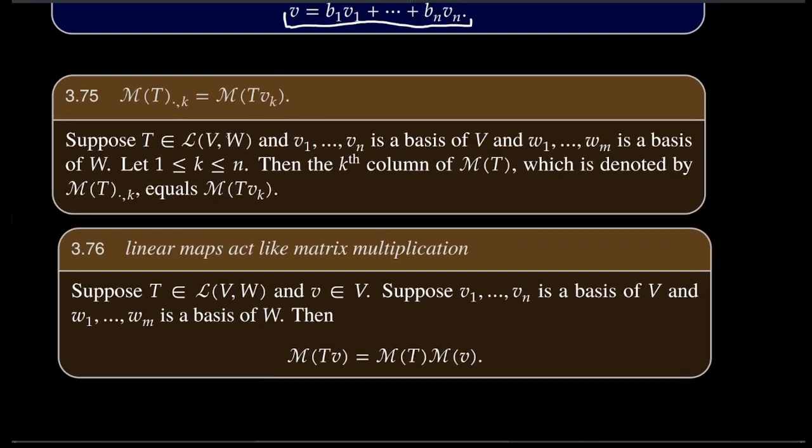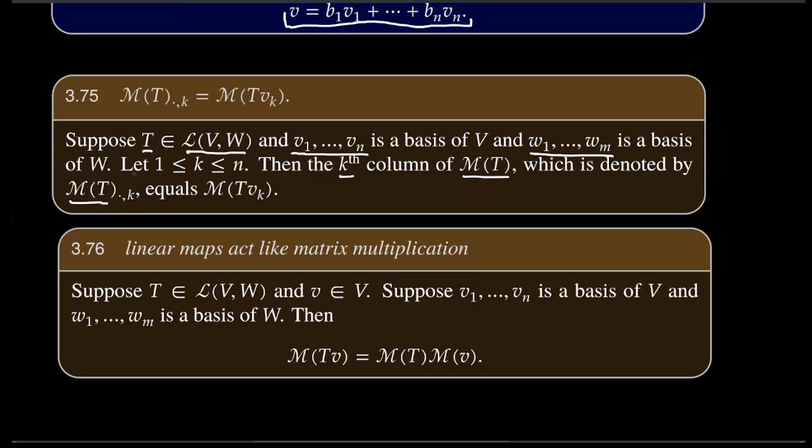The first one is so straightforward that I will not prove it. It says that, hey, suppose you've got T, a linear map from V to W. Suppose that v_1 through v_n is a basis of V, and w_1 through w_m is a basis of W. Then the kth column of the matrix of T with respect to these bases, which, if you remember, we write M(T), then A_(.,k). So the k part is the column.